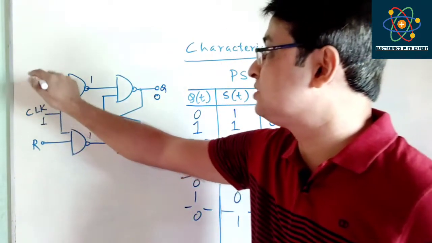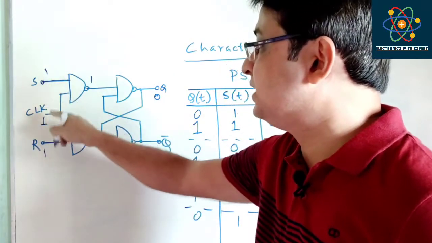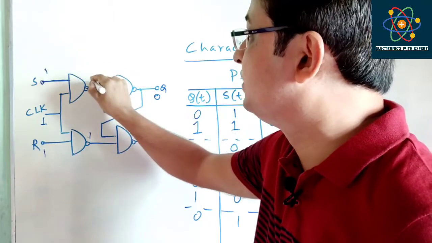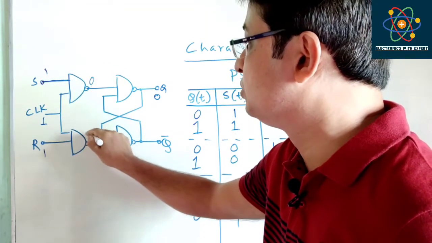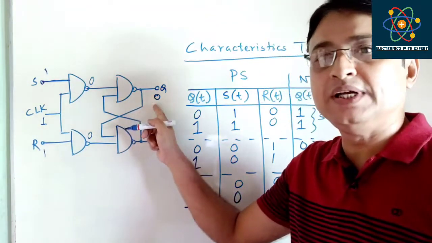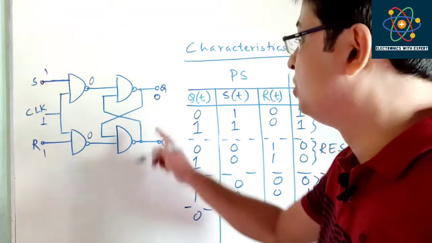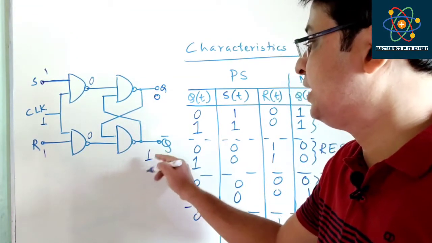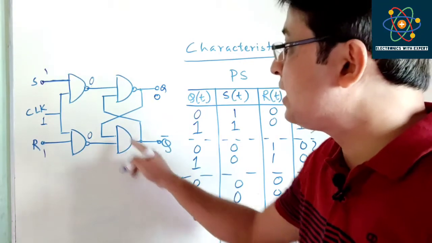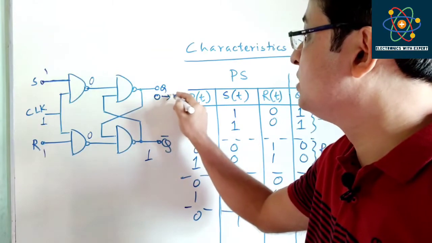For S equals 1, R equals 1, since both of the inputs equal 1, it will give this output 0, and also it will give this NAND gate output 0. For Qt equals 0, that is the previous state output equals 0, this means 0 and 0 makes this 1, that is the Q bar should be 1, and 1 and 0 makes this output equal to 1.